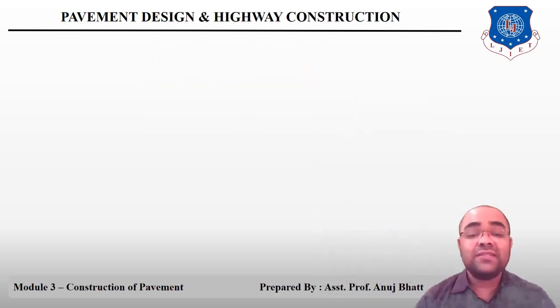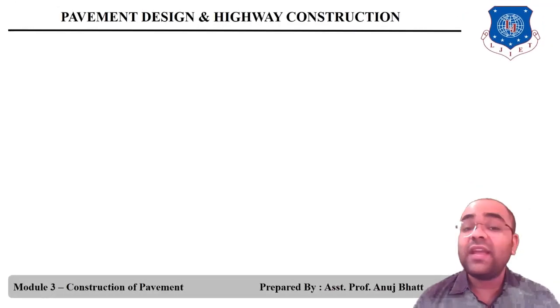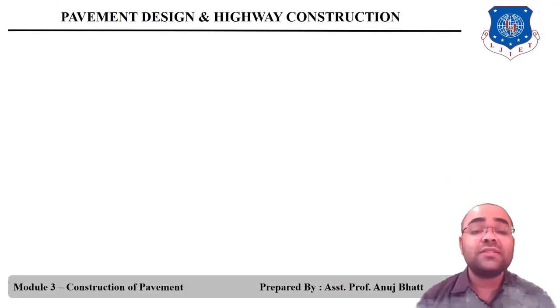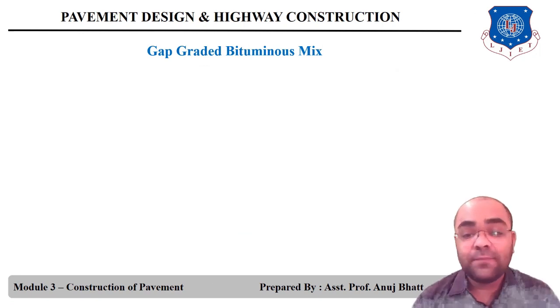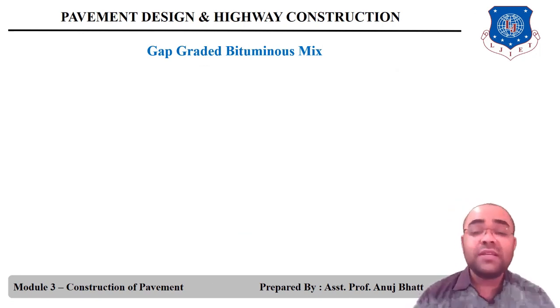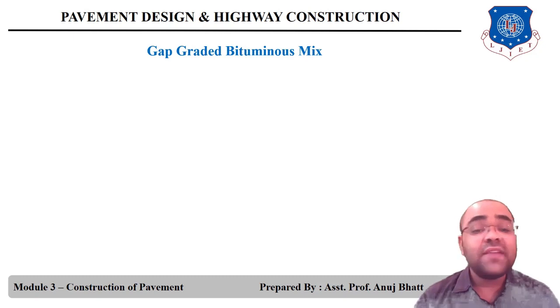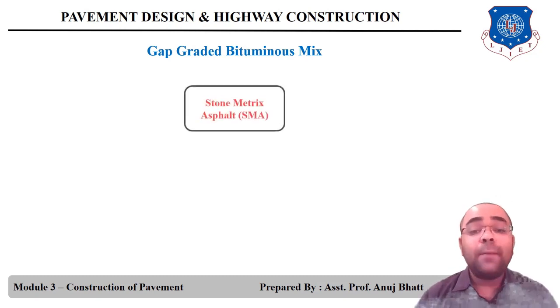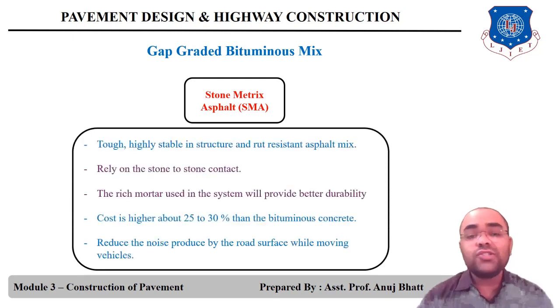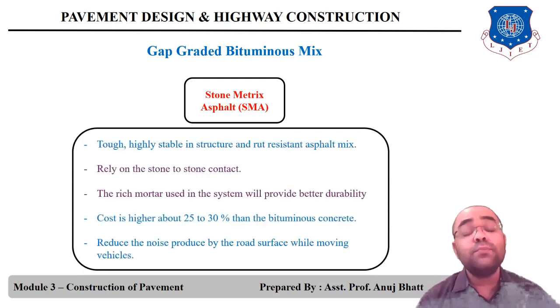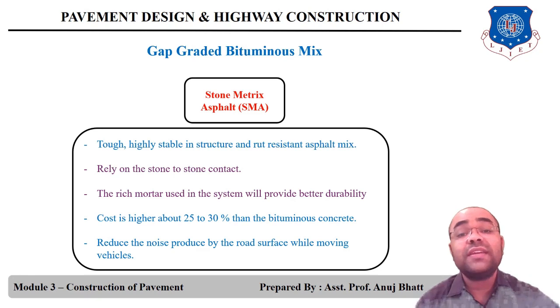The next bituminous mix that should be discussed is the gap graded bituminous mix. In the gap graded bituminous mix, we have one design that is stone matrix asphalt. The stone matrix asphalt is the most commonly used gap graded bituminous mix.